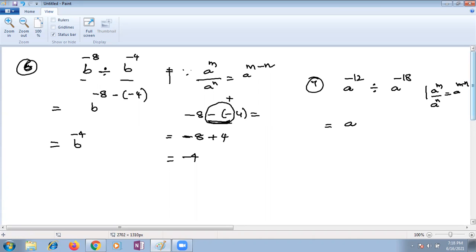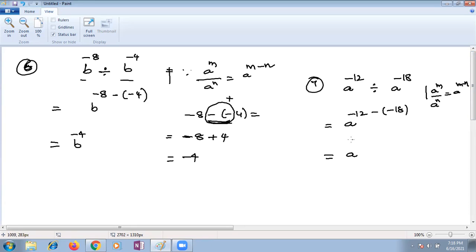Yes, since you are repeating the formulas, you will get it by heart. Yes, ma'am. So we'll take A as the base, and -12 minus of -18. Very good. So what are you getting?